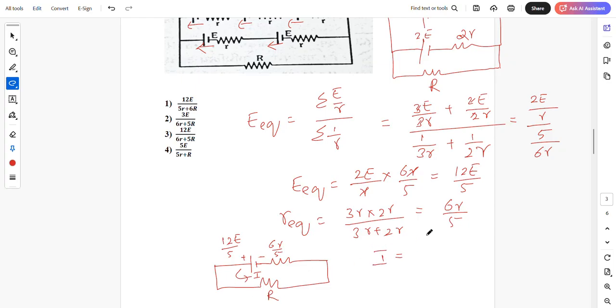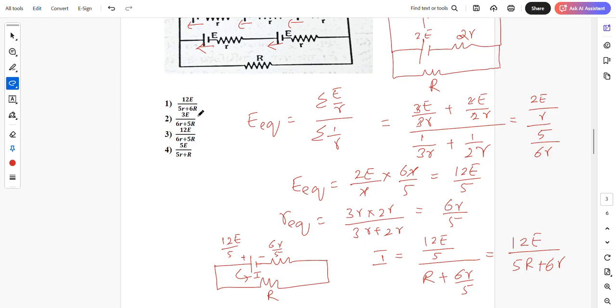I is equal to 12E by 5 divided by R plus 6R by 5. The 5 cancels, so 12E divided by 5R plus 6R.